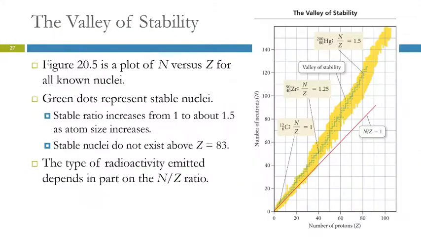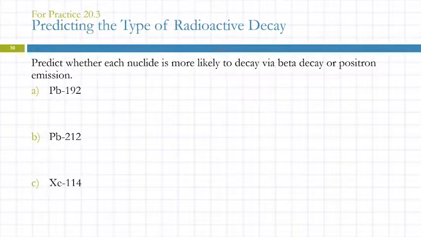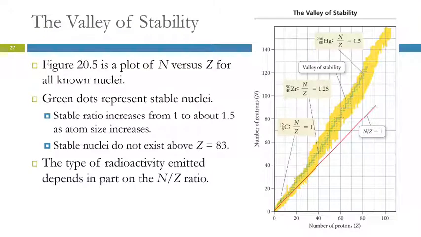Let's look at what we might do in terms of the valley of stability. Like lead-192. So lead-192, 82 protons, so 110 neutrons.